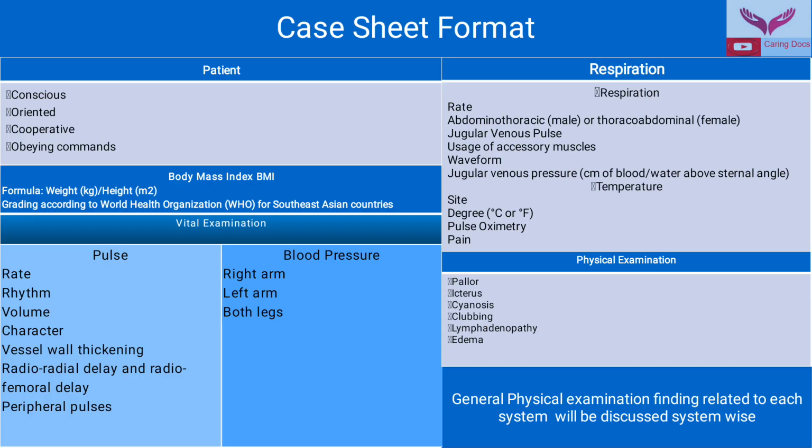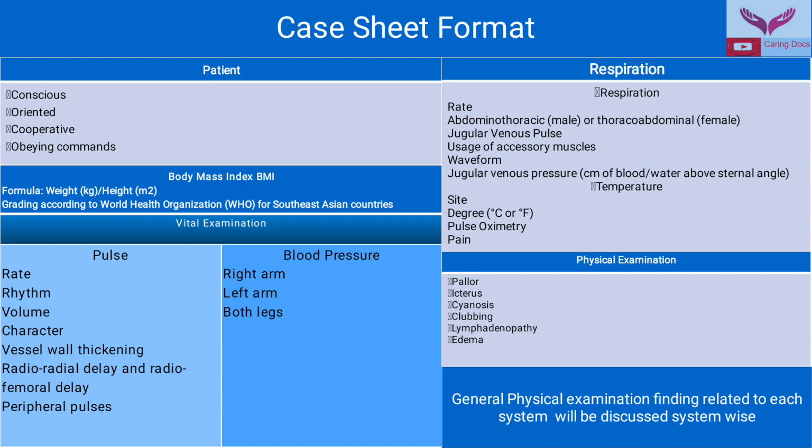This is a case sheet format for a patient who is admitted in our ward. We have to see whether the patient is conscious, oriented, cooperative, obeying commands, check his weight, and calculate body mass index.